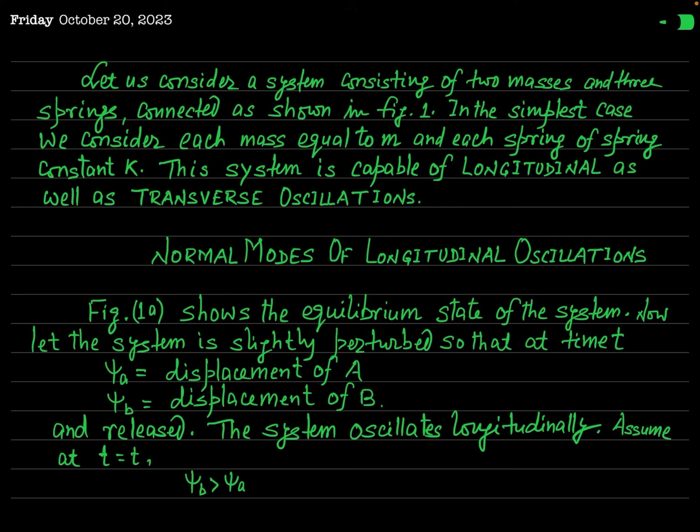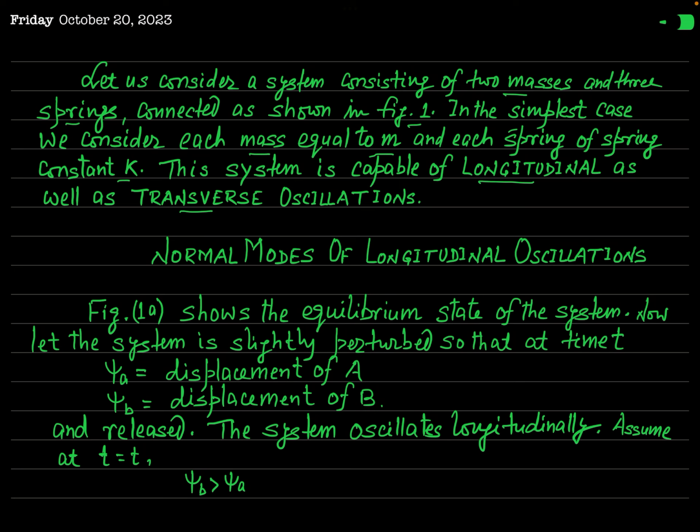Let us consider a system consisting of two masses and three springs connected as shown in figure 1. In the simplest case, we consider each mass equal to m and each spring of force constant k. This system is capable of longitudinal and transverse oscillations.